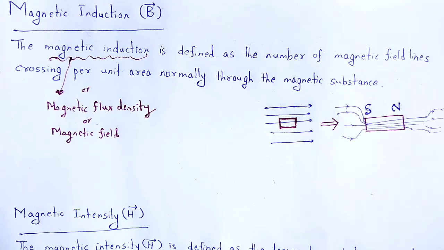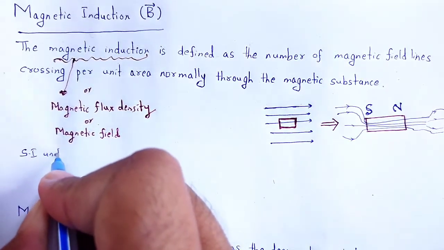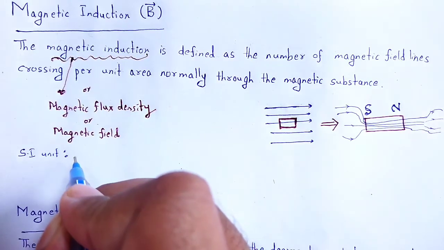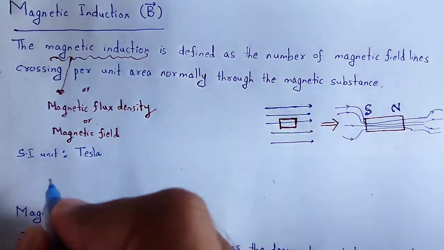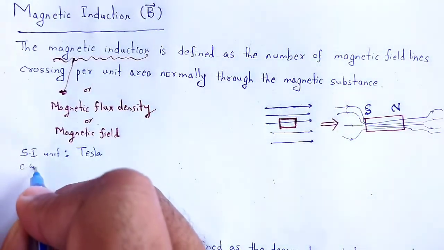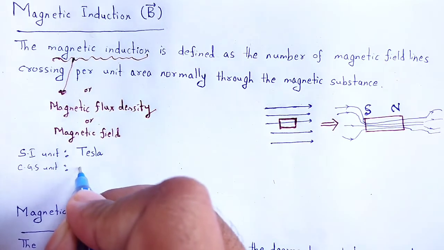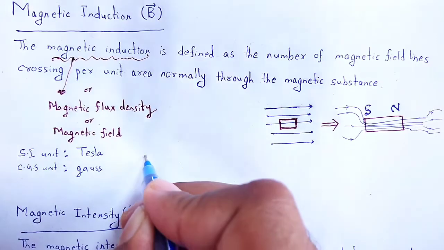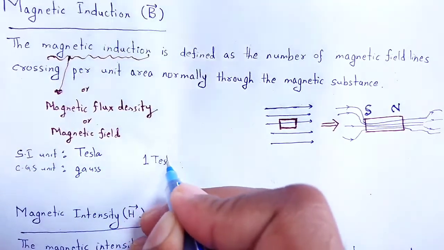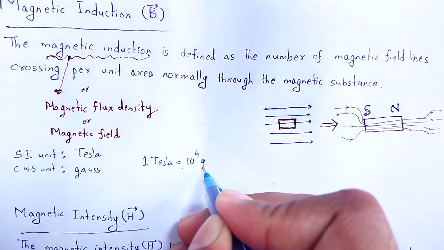And the SI unit of magnetic induction is Tesla, and the CGS unit of magnetic induction is Gauss. Here 1 Tesla is equal to 10 to the power 4 Gauss.